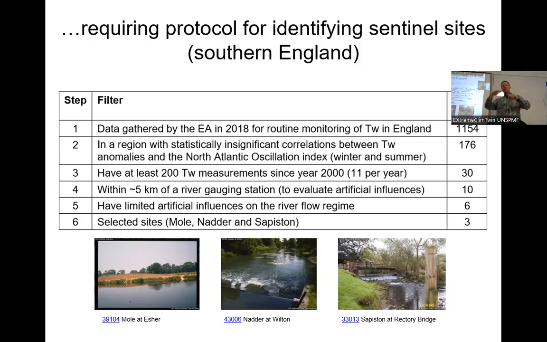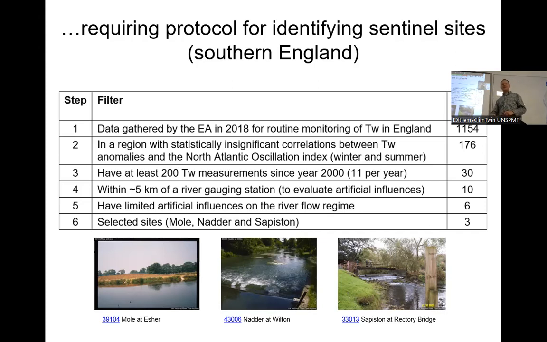We wanted to capture the sites where there's a much smoother long-term trend, and that reduced it to just under 200. Then we said we want at least 200 measurements, a big enough data set to say something sensible. That left us with just 30 sites.